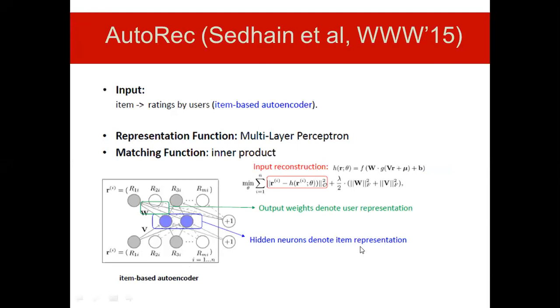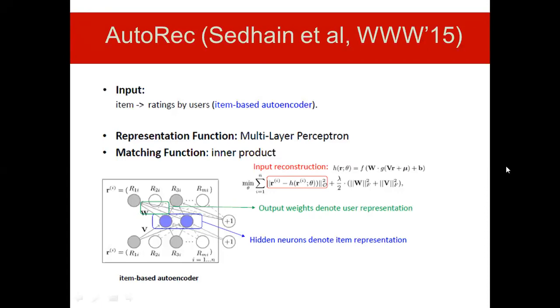Here the input would be the items, and each node is the rating by the corresponding users. Then we want to reconstruct this input, so the output would be the same as the input. The intermediate layer would be the latent item representation.